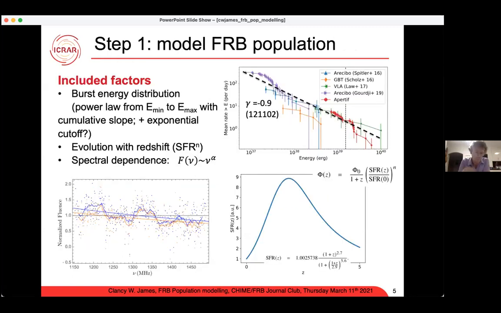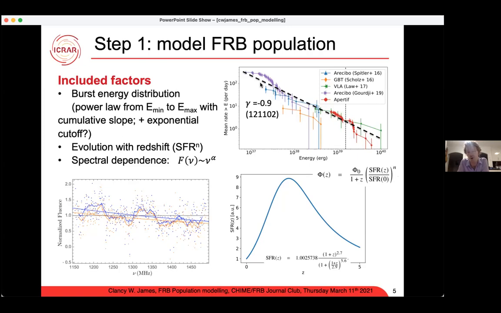So, okay, if you want to model the FRB population, I think a simplest model is you have to have some burst energy distribution. And the two simple cases are one from a power law from Emin to Emax with some cumulative slope, right? I always deal with the cumulative slope, the number of bursts above some threshold.